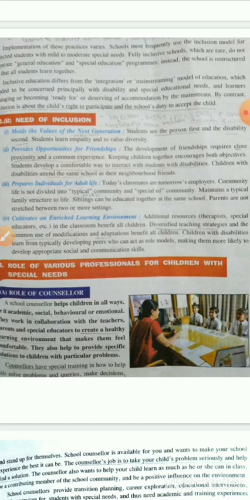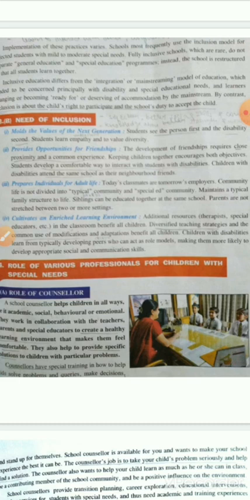Okay, prepare individuals for adult life because today's students are the employees of tomorrow. So don't divide them. Educate them together so that there will be a relation like brother and sister.